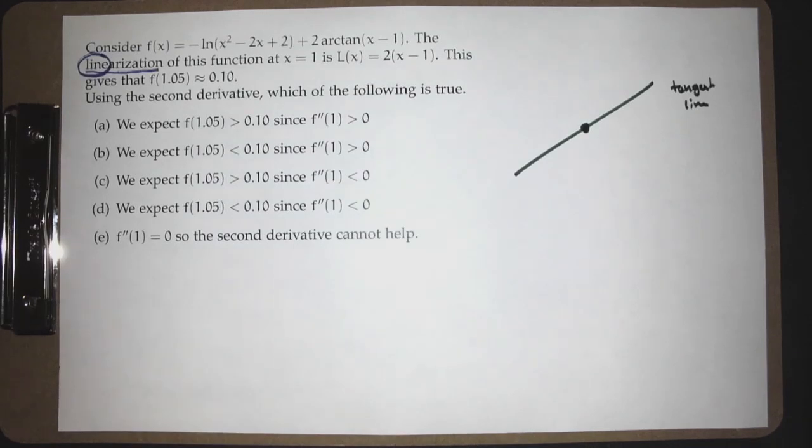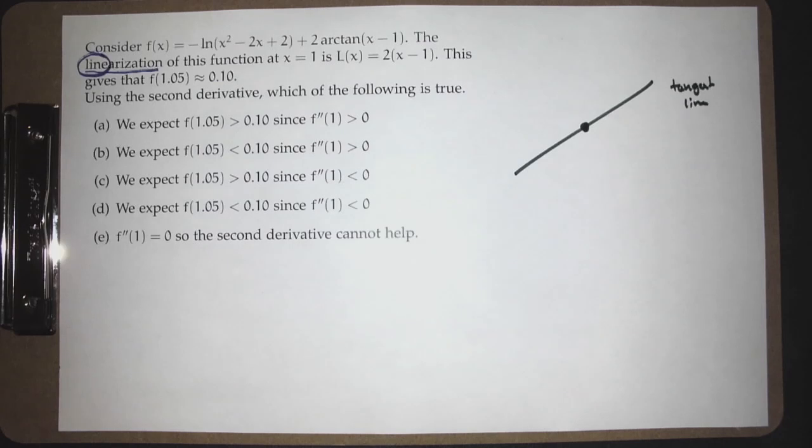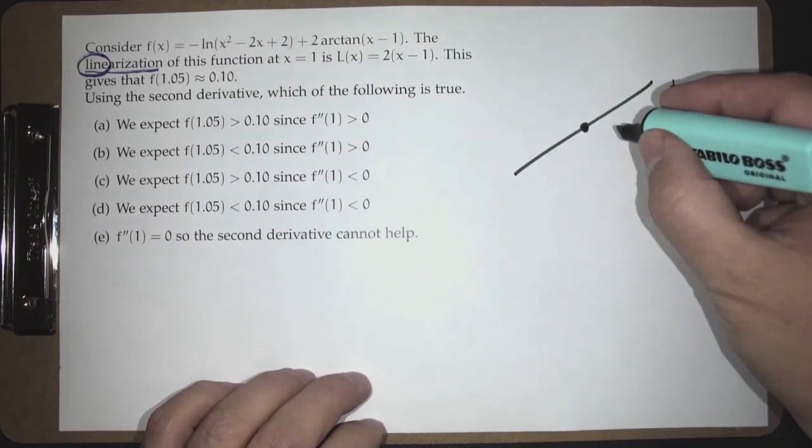Now, concavity tells us how we go off our tangent line. So if we're concave up, which side do we go on? Concave up is the upside.